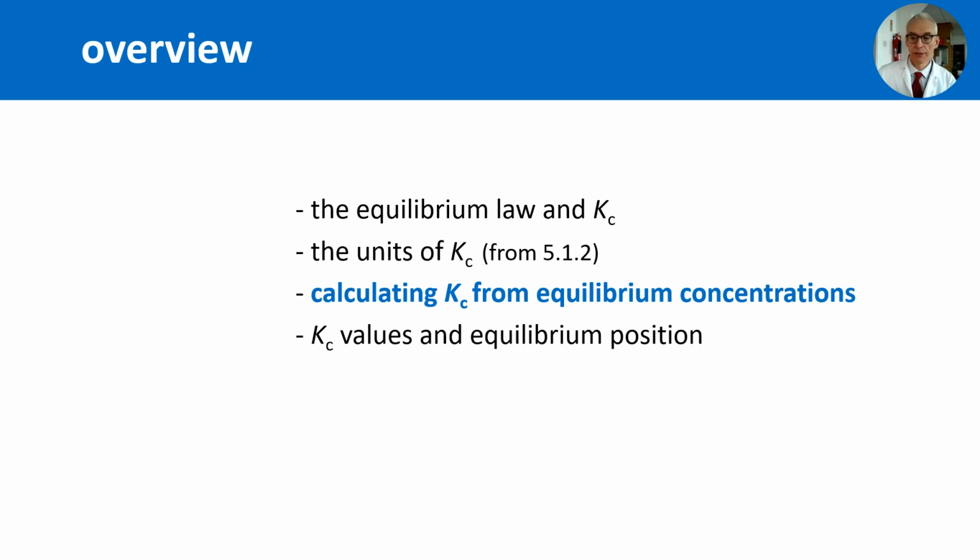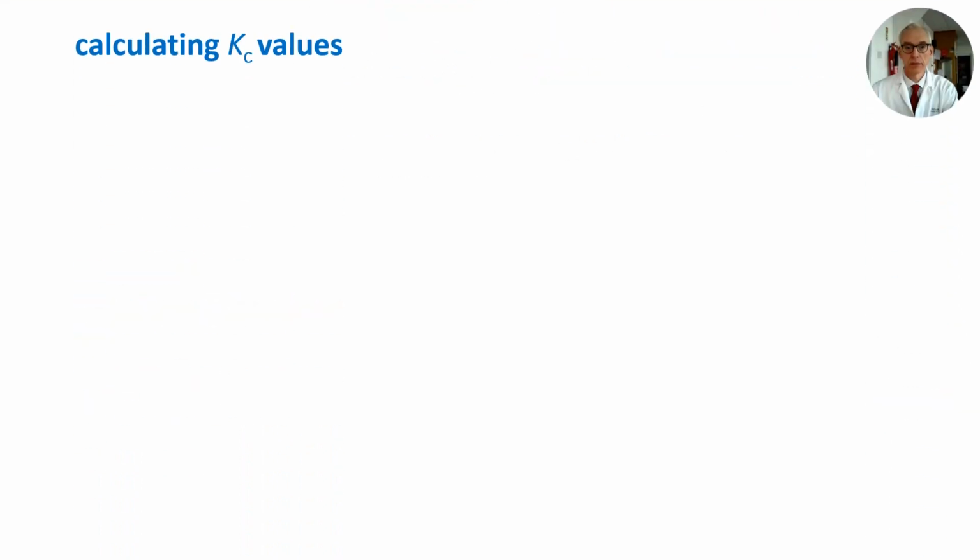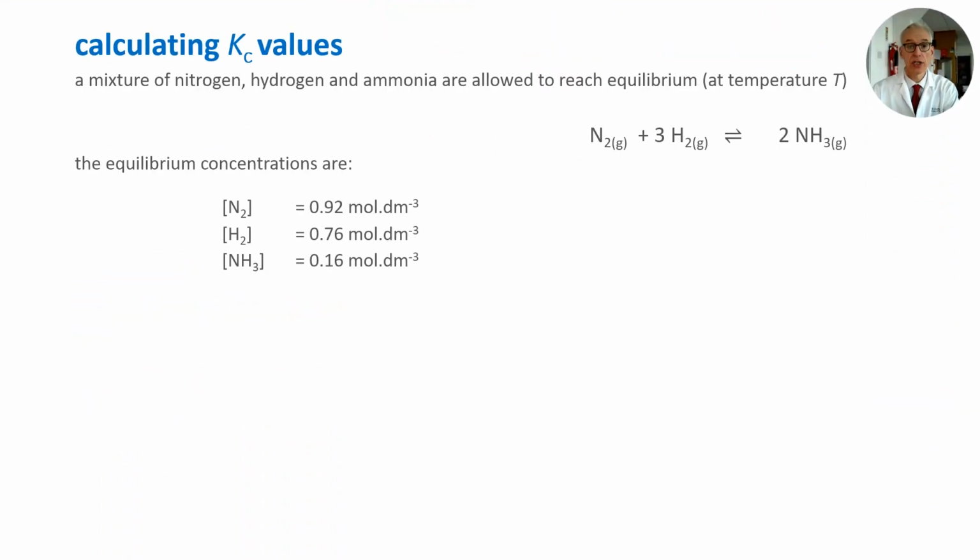Calculating Kc from equilibrium concentrations. So let's calculate some Kc values. A typical set of information would be a mixture of hydrogen and nitrogen and ammonia reach equilibrium at a certain temperature.